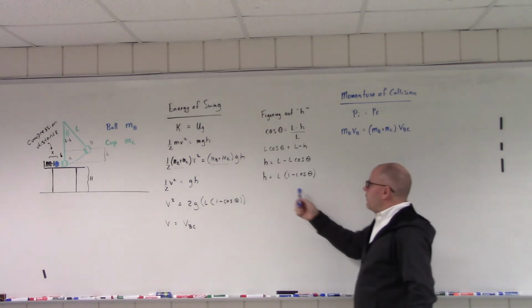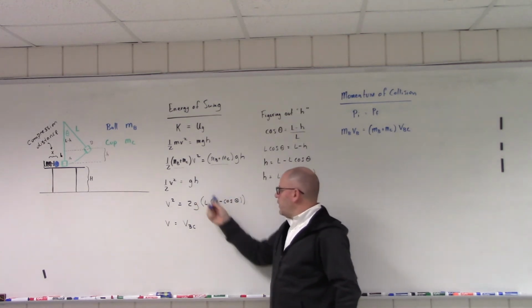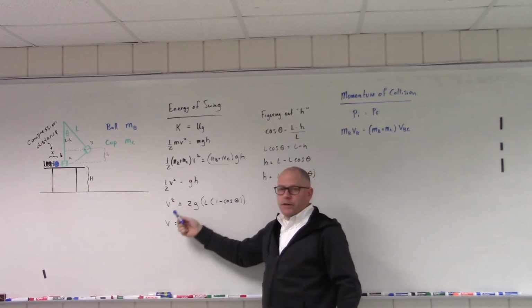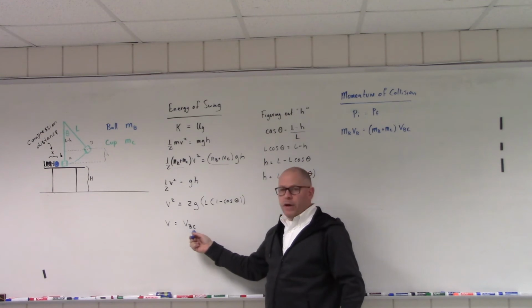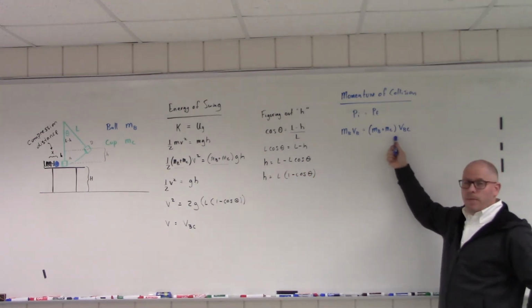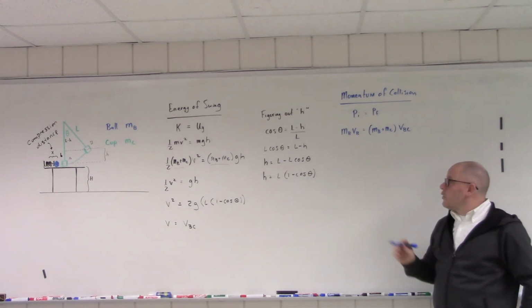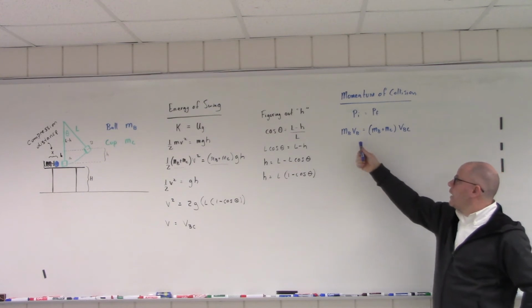So using this, we figure out h, and we use that in here with this energy construct. We can find the velocity of the ball in the cup. If we know the velocity of the ball in the cup and each of their masses, I know the mass of the ball, I can find the velocity of the ball. So this is an easy way for us to find the velocity of the ball straight out.